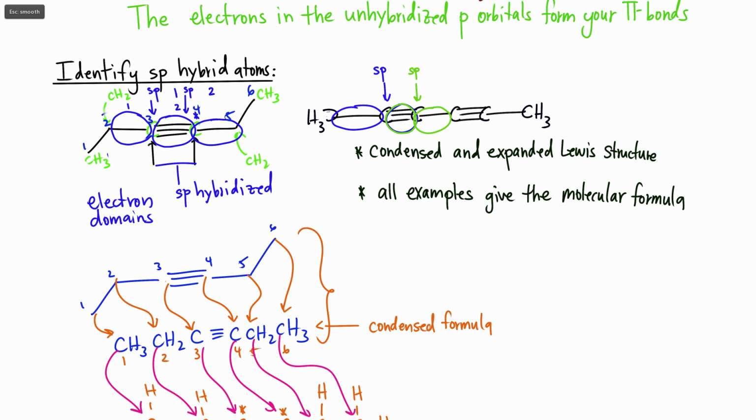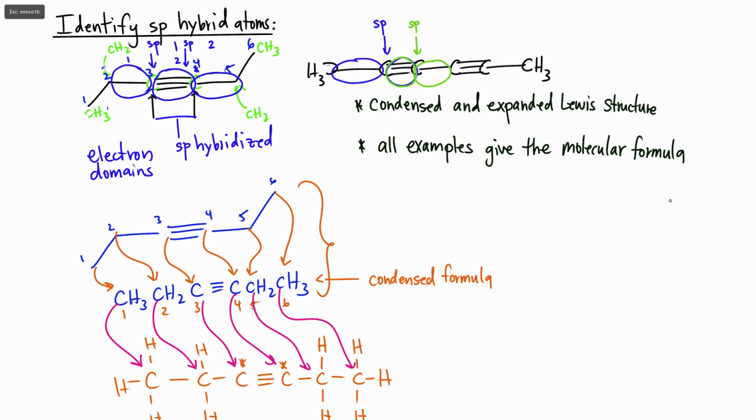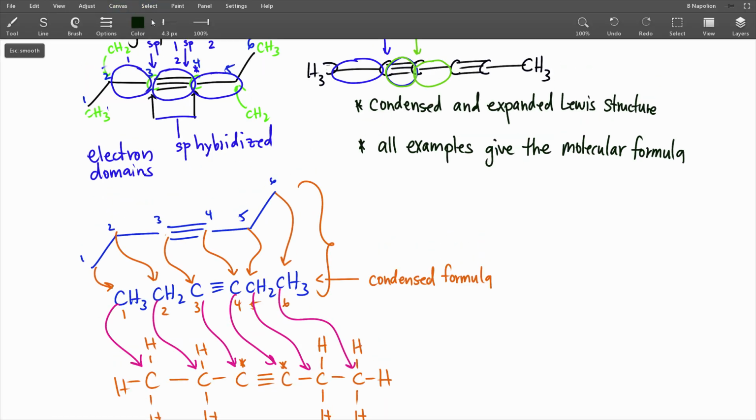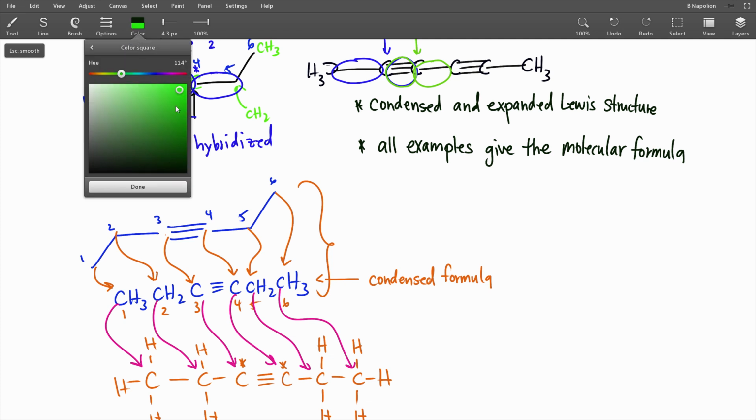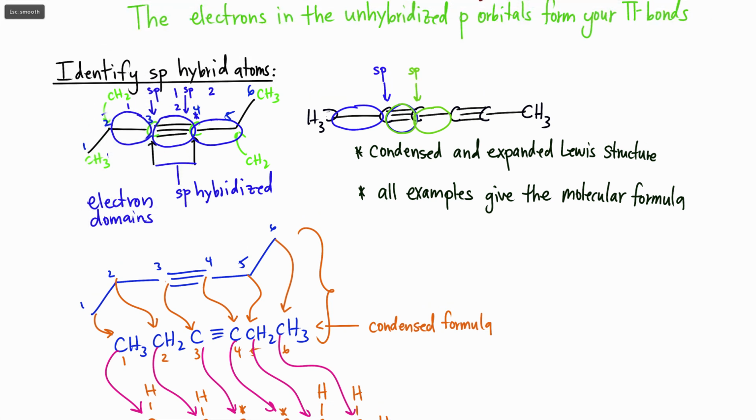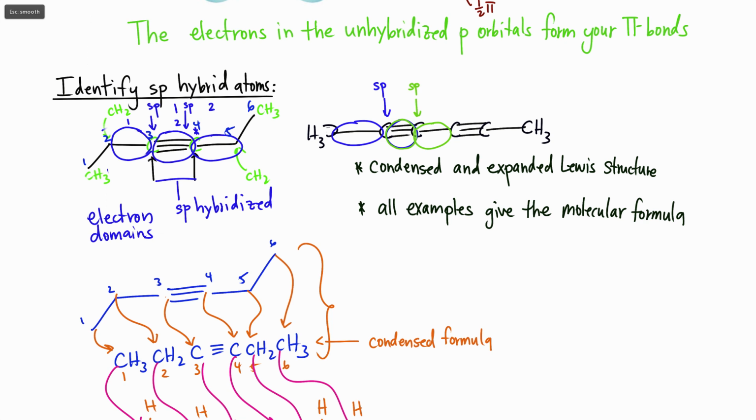Okay. Now, everyone should know what I mean by molecular formula. Okay. So I'll do this one for instance. We want to add up all the atoms that we have.